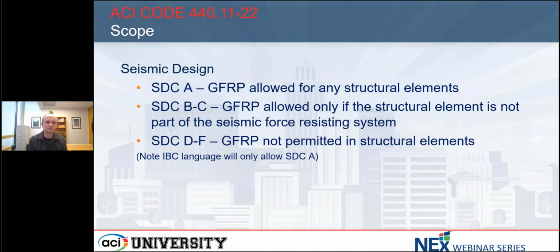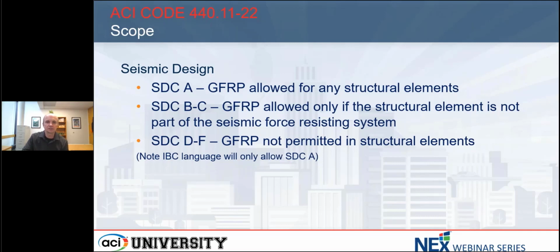And a lot of that is not really well understood right now. So for the time being, the code limits the use of GFRP reinforced concrete to seismic design category A if GFRP is going to be used in any of the lateral load supporting elements.